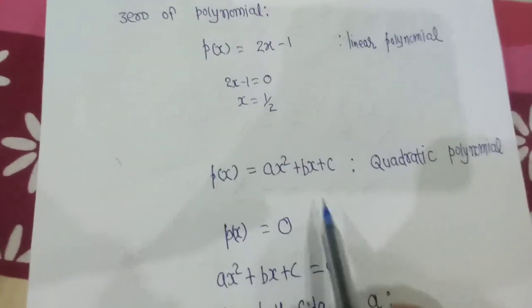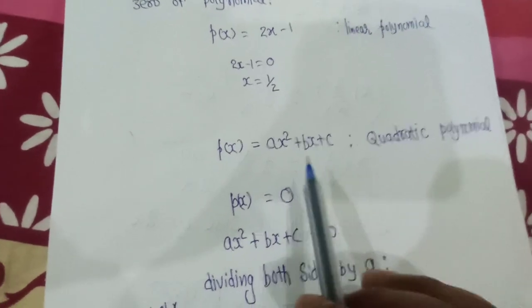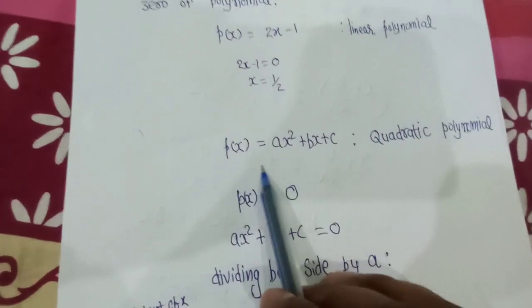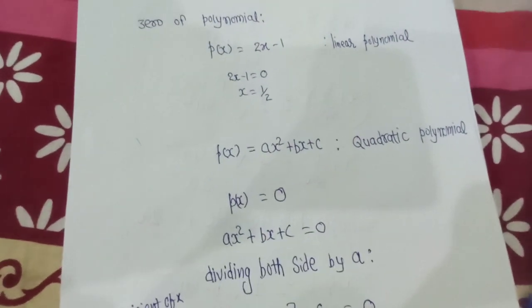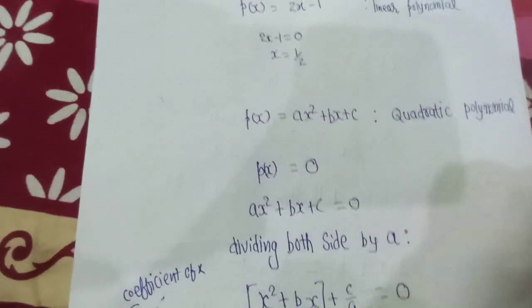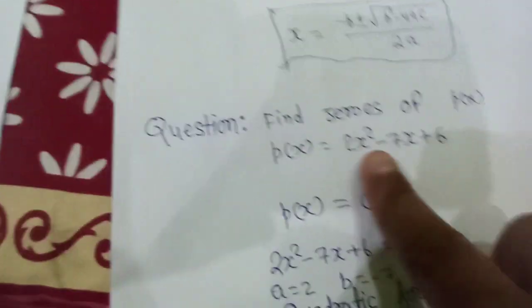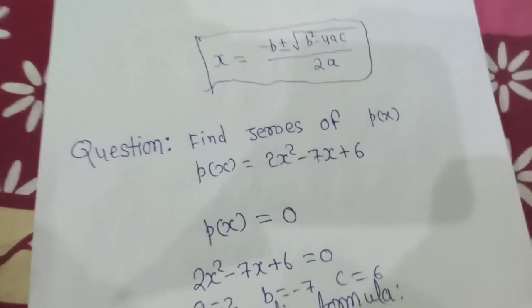So this is the simple case of a linear polynomial. But what if we get a quadratic polynomial here, p of x equals to ax square plus bx plus c? How will we find the zero here? In particular, suppose this is the quadratic polynomial 2x square minus 7x plus 6.